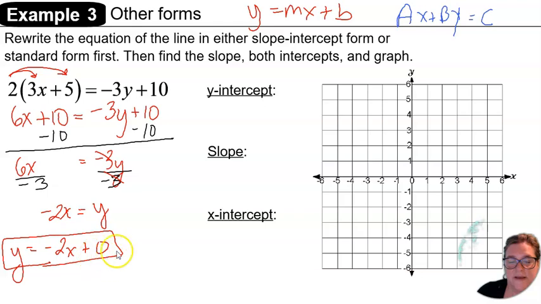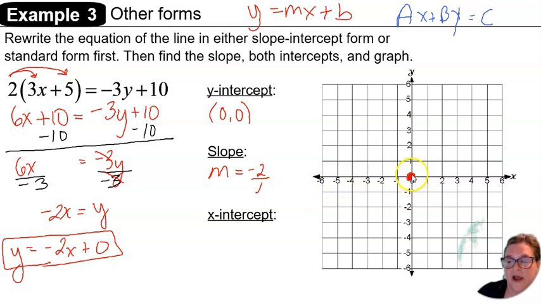So my y-intercept is the b, that's 0. So my graph is going to cross through the point 0, 0. Plot that on the graph. The slope is the coefficient on the x. And my slope here is negative 2. That's a negative 2 over 1 because I want to rise over run to the right.